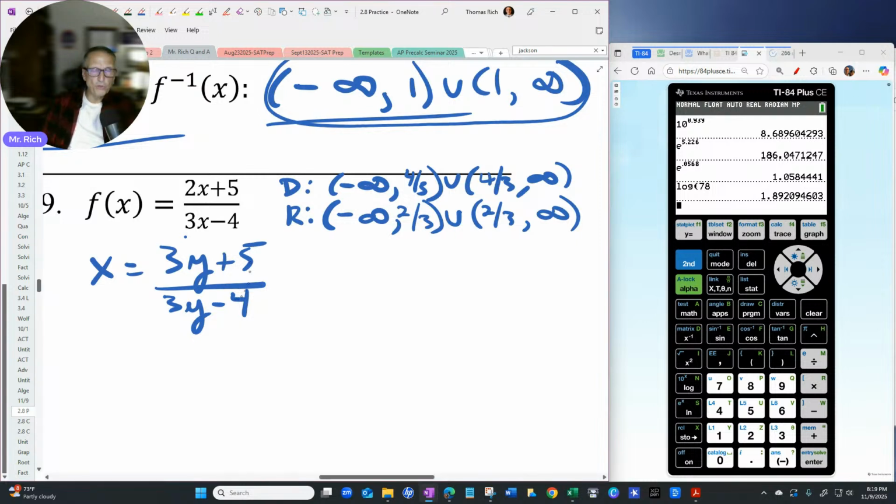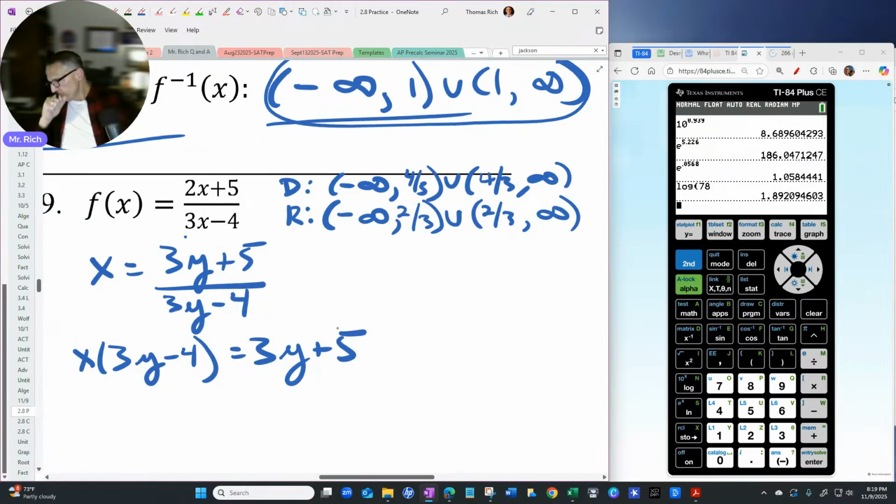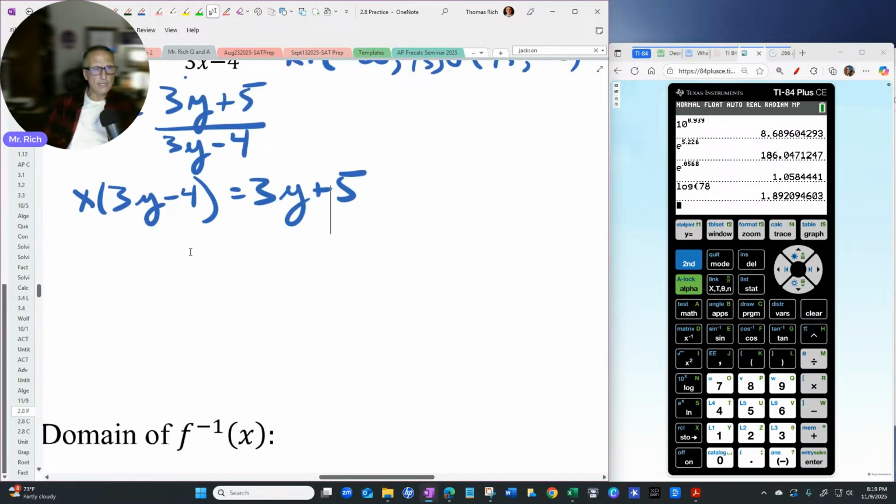I'm going to multiply both sides by 3y minus 4 and move that over to the left side. So you now have x times 3y minus 4 equals 3y plus 5.